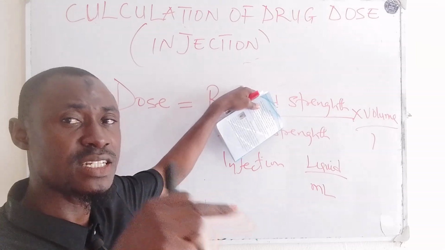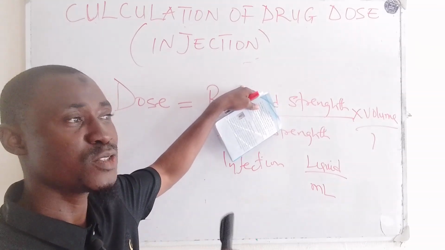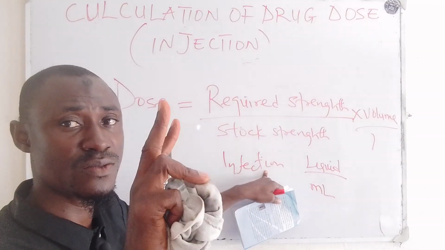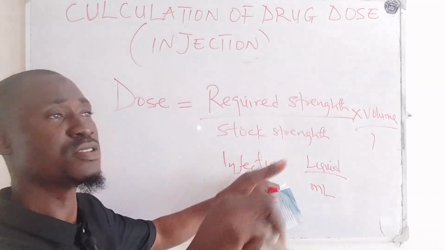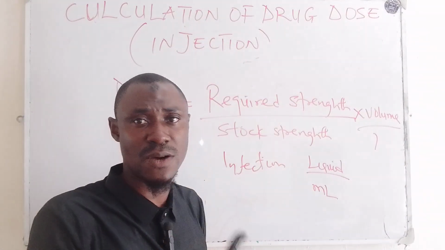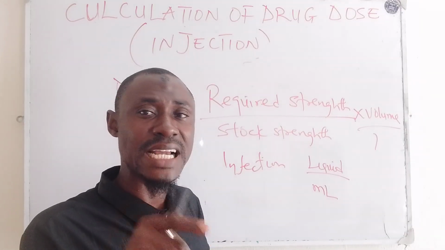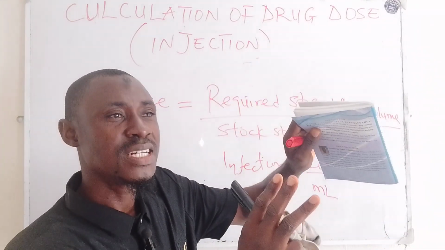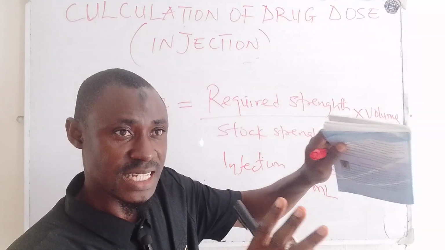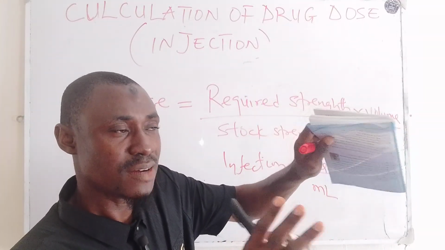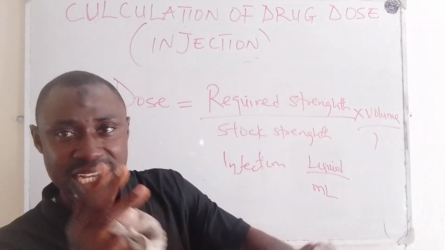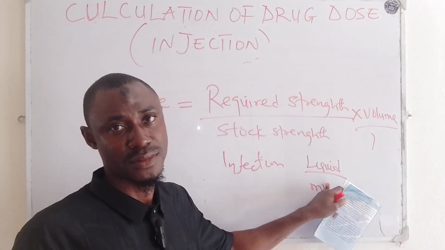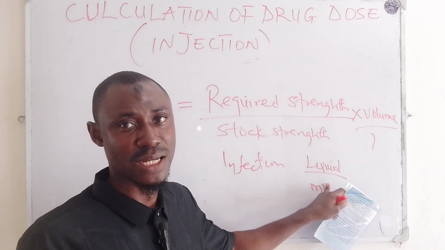So if you are getting the dose yourself, then to get the equivalent of that dose in mils, it must involve 2 steps. The first step is to use any of those rules that we have mentioned previously to get your dose. Then after which, you will now use that dose, which is in milligram, to get the equivalent of that dose in mils.